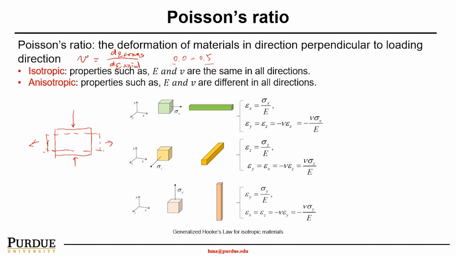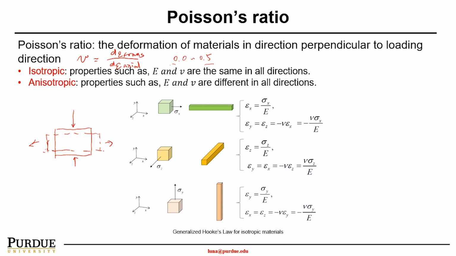For isotropic material, all the properties are the same in all directions. For instance, the Young's modulus E and the Poisson's ratio are the same in all directions. For anisotropic material, properties such as modulus and Poisson's ratio are different in different directions.